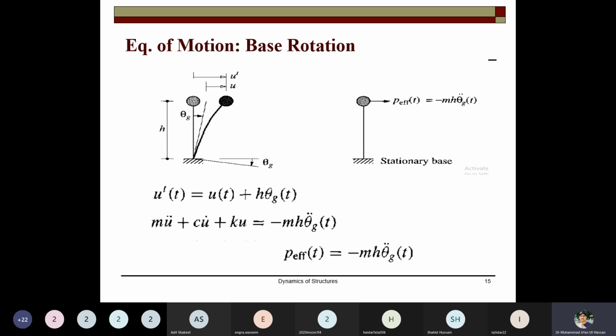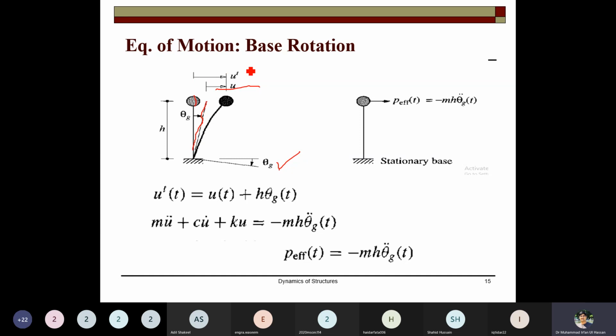So we call this theta g because ground rotation has occurred. Initially the body was straight, totally straight. Theta g occurs and this rotates our system to a new position. But when a body is rotated and it is a stiff system, additional displacement is generated as u. The total displacement will become ut.